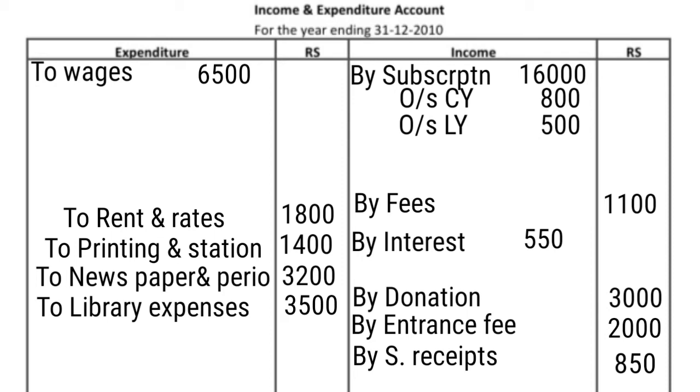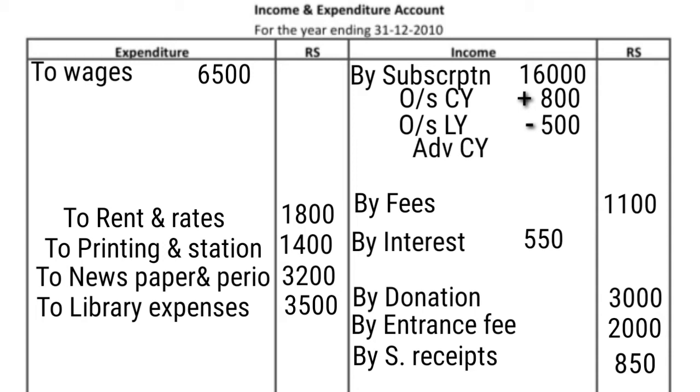We know the current year outstanding we will add and the last year outstanding we will deduct. So 800 plus and 500 minus. After this outstanding we can go to advance. I will write current year first and then last year advance.